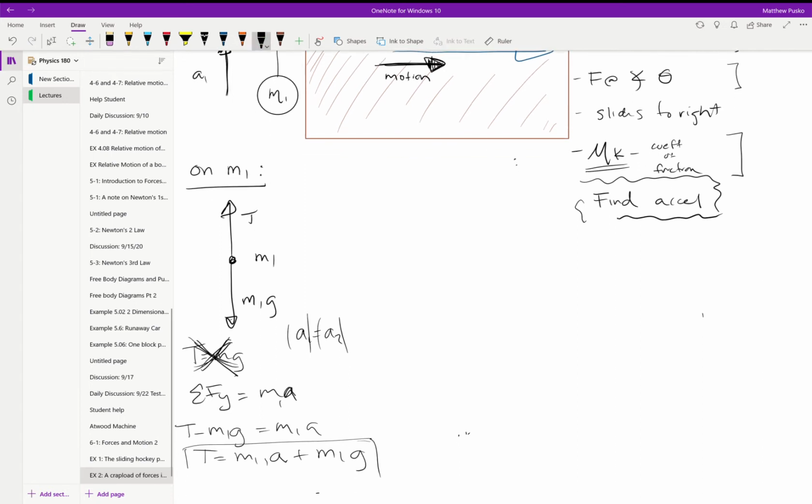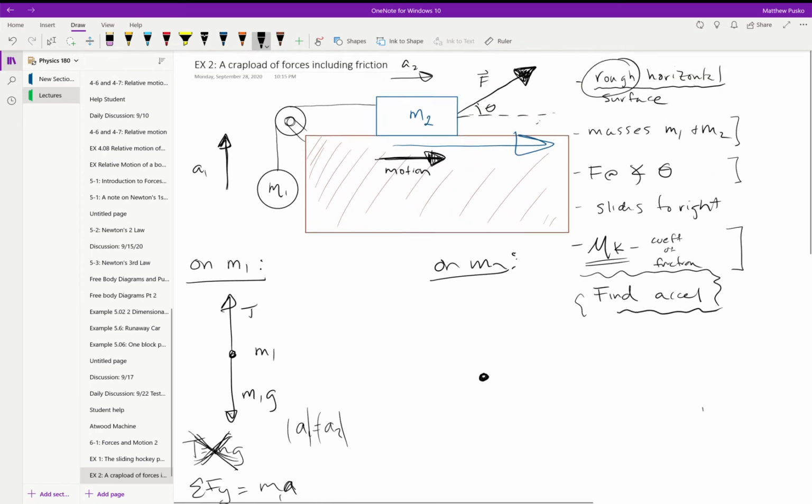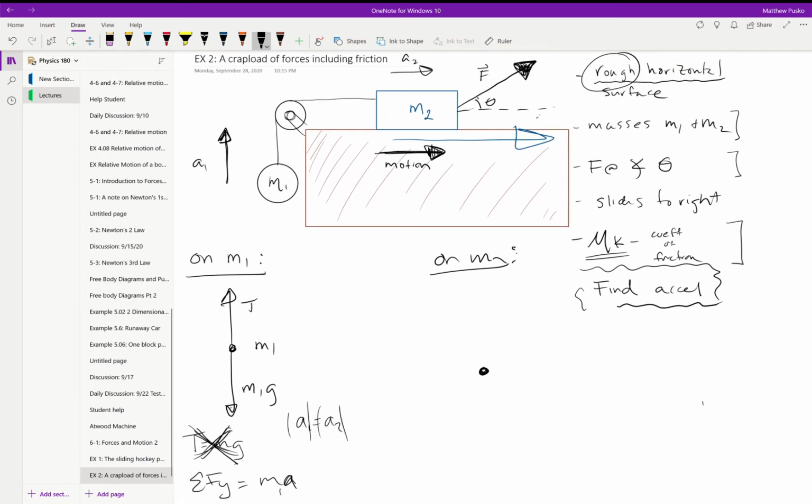Alright, let's look at mass 2. On mass 2, we have a force that's being applied at some angle theta. Let's go ahead and break that up into x and y components. We have some F cosine theta and some F sine theta.